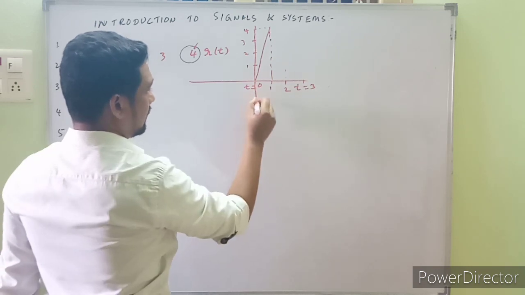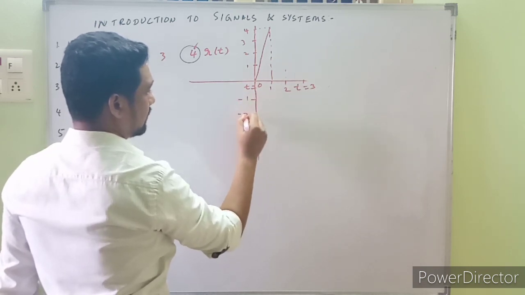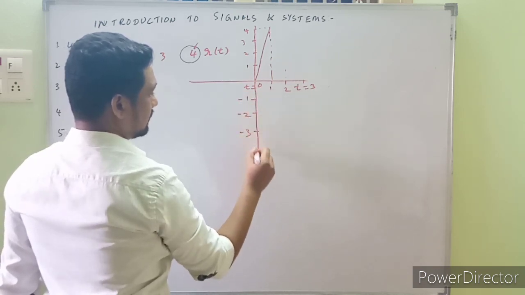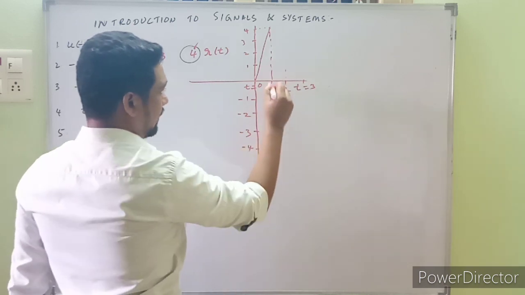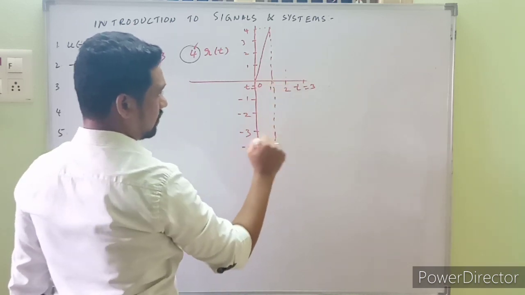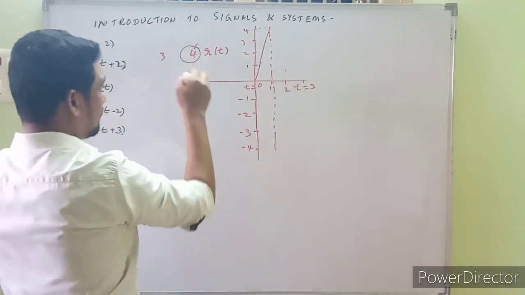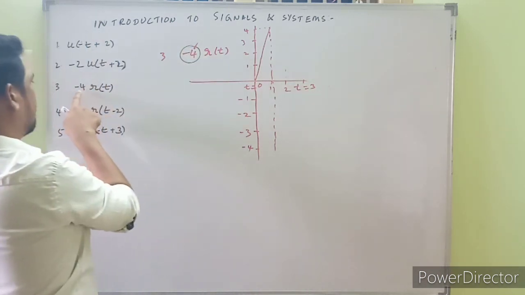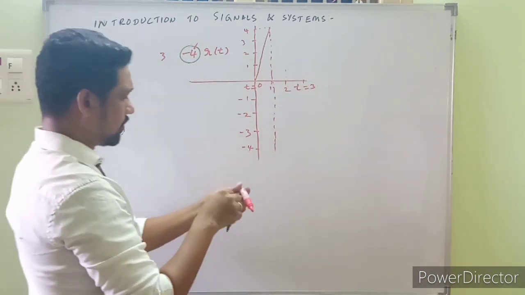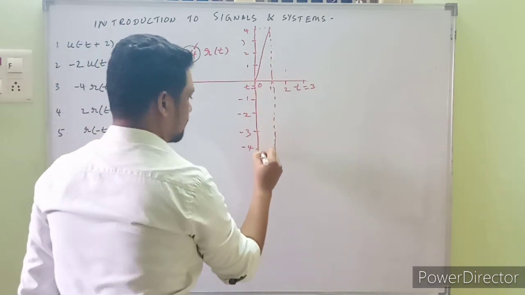It may be like we have minus 1 over here, minus 2 over here, minus 3, and minus 4 over here, and the same t equal to 1. My actual equation, minus 4 into r of t, would be this sketch.